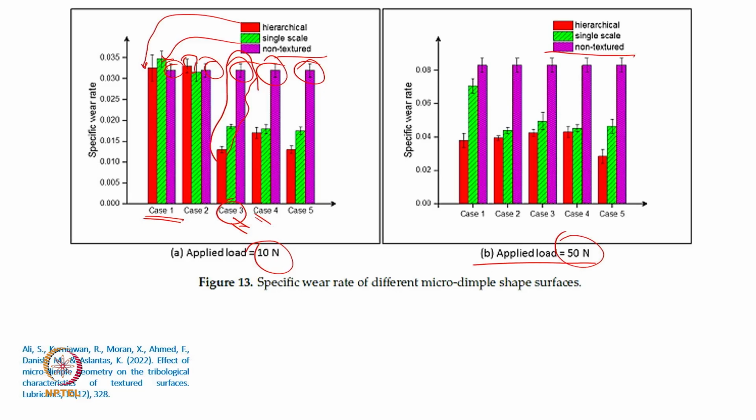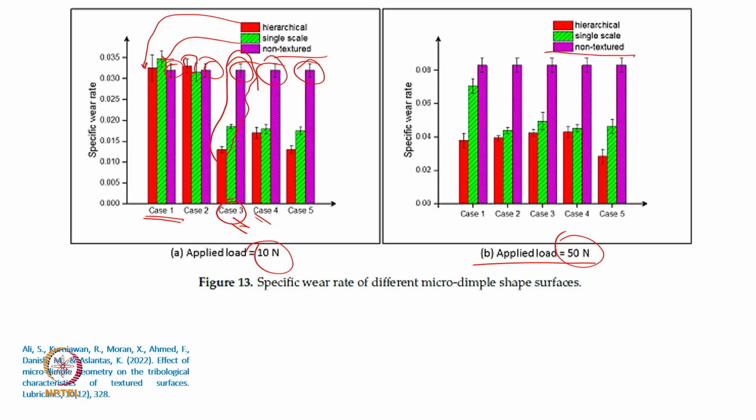When we have a partial one, or maybe the load is not that severe, texturing may unnecessarily cost more and it may not give that kind of fruitful results. So, texturing also should be done judiciously. It is not that because we know texturing, we will start doing texturing.